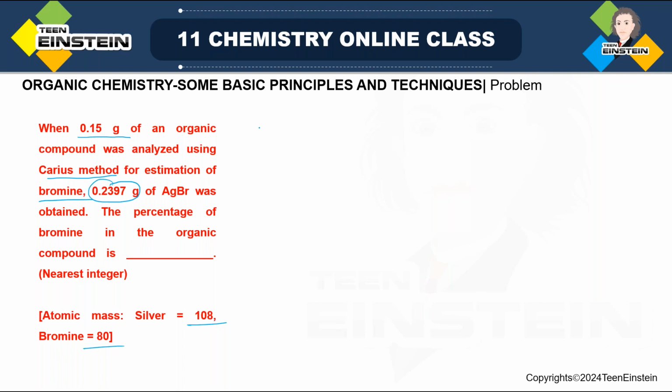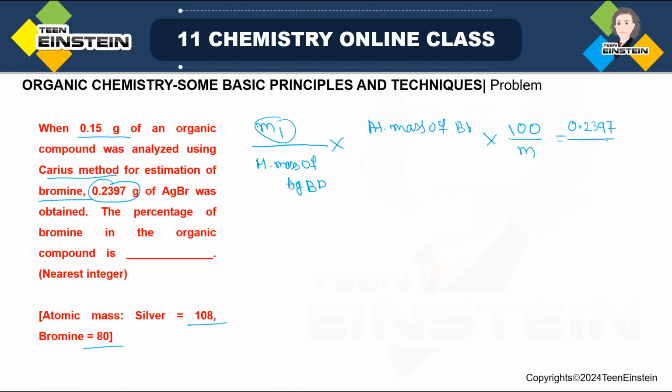Now remember the formula: M1 divided by molar mass of AgBr. See, in our case it is AgBr. Then multiplied by atomic mass of Br, 100 divided by M. So if we write all the values, M1 is the given mass, 0.2397.